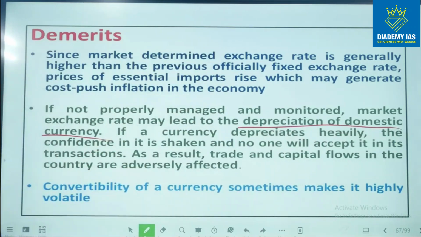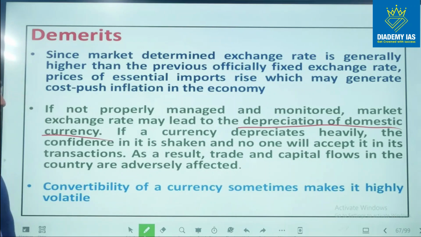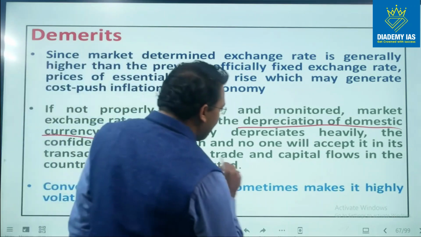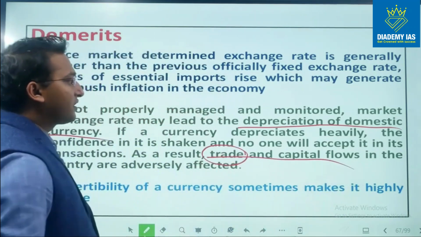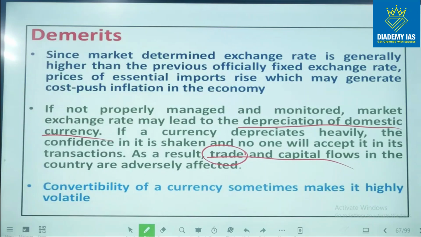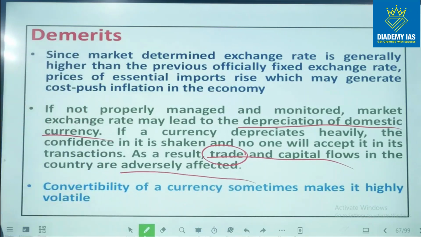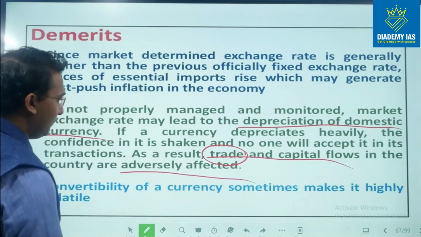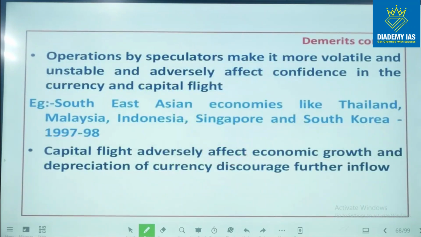If a currency depreciates heavily, the confidence in it is shaken and no one will accept it in its transactions. As a result, the trade and capital flows, trade means import and export, in the country are adversely affected. Convertibility of a currency sometimes makes it highly volatile. So this is the problem, volatility, depreciation of the domestic currency.